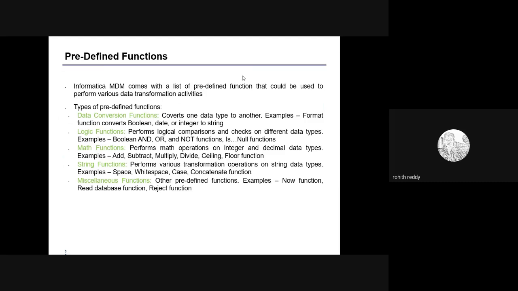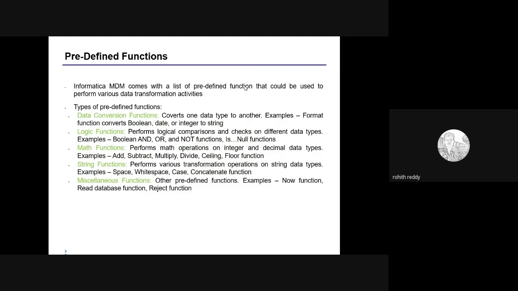Read database function reads the data from the database, and that too it's an ORS specific database. Okay, in our ORS, Vamsi ORS, we have some tables. So if we want to look up those data and then load into the stage tables, at that time we'll go for the read database function. I will explain the read database function, reject function, now function. People ask in interviews what is the read database function, how it works.